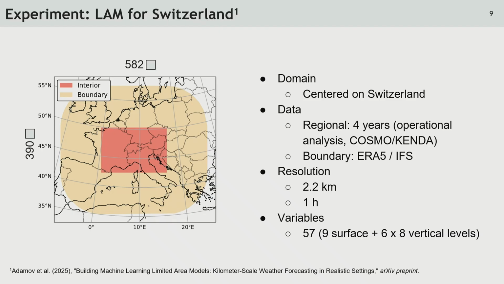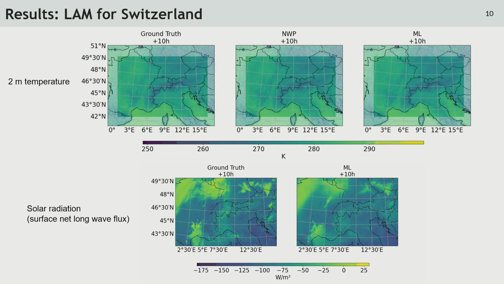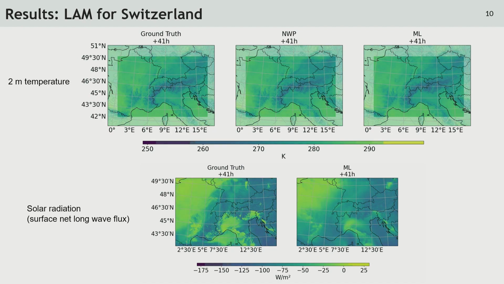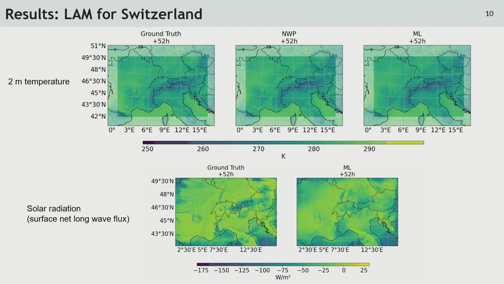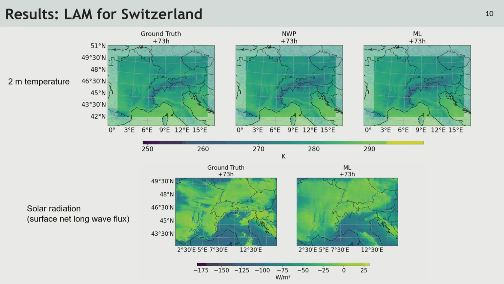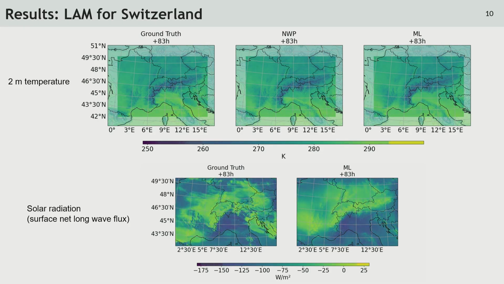That's the most interesting. So this shows some example forecasts at the top of the 2-meter temperature. Then we have the ground truth, the forecast from the numerical model, as well as from the machine learning model. And then at the bottom, we have a forecast of solar radiation.